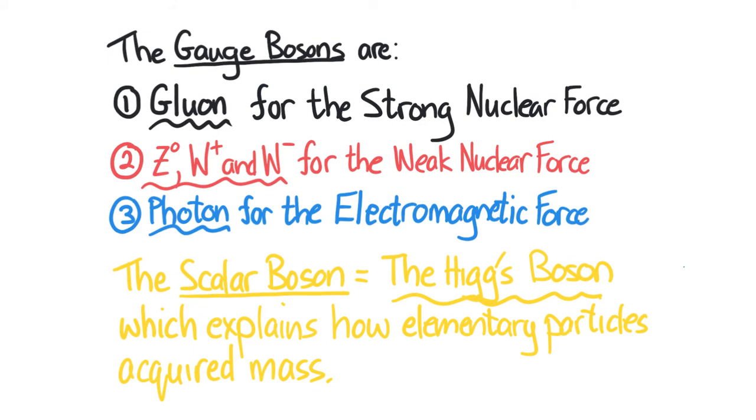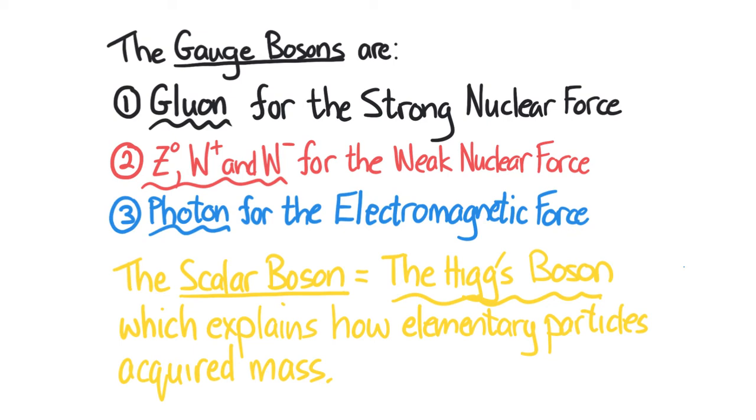So the gauge bosons are the gluon for the strong nuclear force, the Z0, the W plus and the W minus for the weak nuclear force. We see that it in actual fact has 3 exchange particles, and the photon for the electromagnetic force.